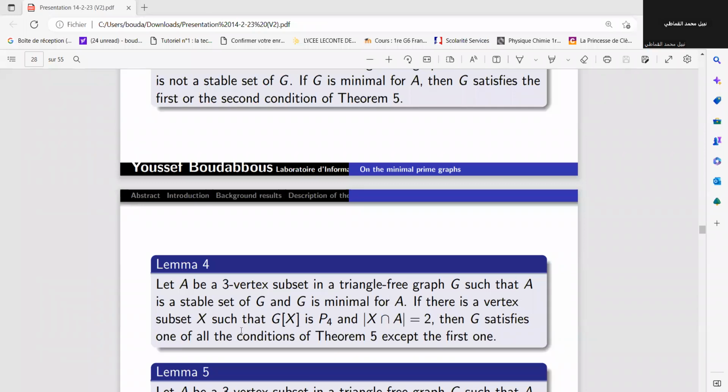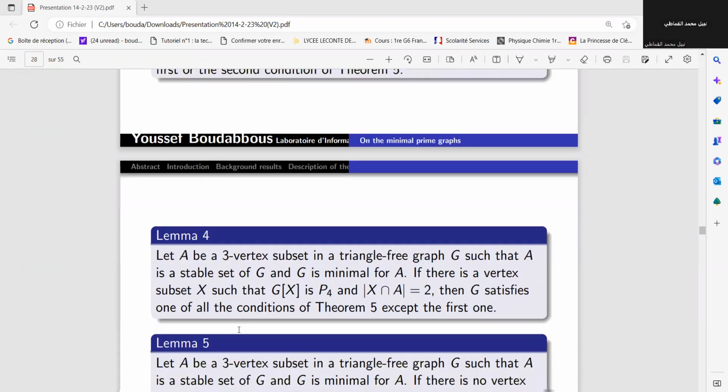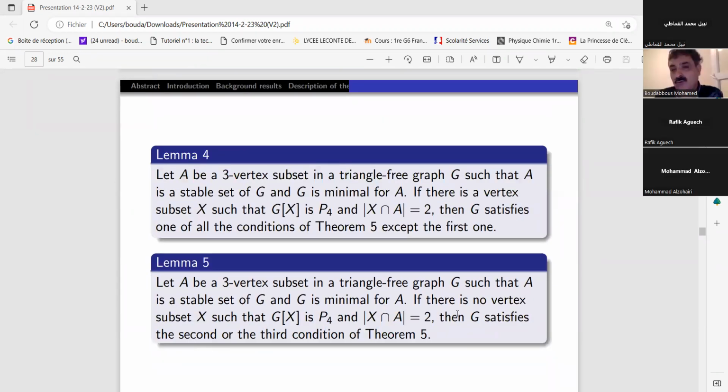If there is a vertex subset X such that GX is P4, intersecting A in two elements, such that the cardinality of the intersection of X and A equals 2, then G satisfies one of all the conditions of theorem 5 except the first one. And in the other case, we prove that G satisfies the second or the third condition of theorem 5.